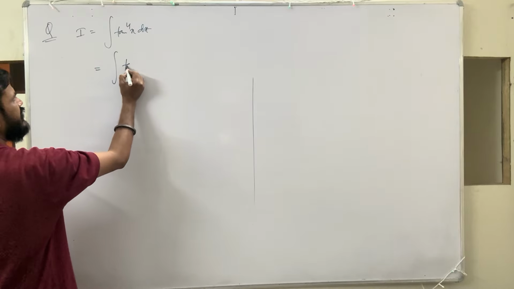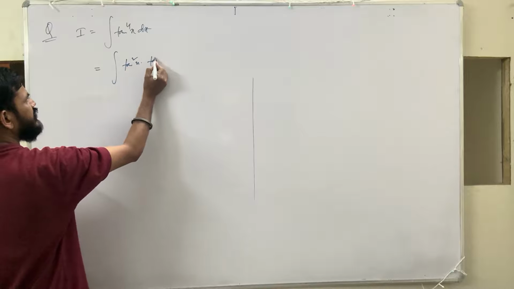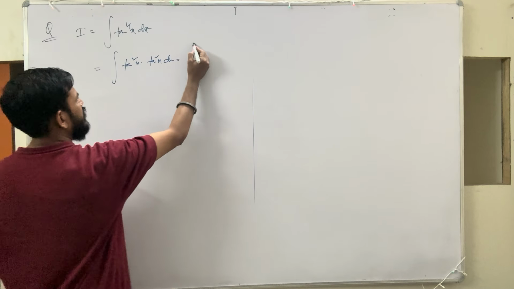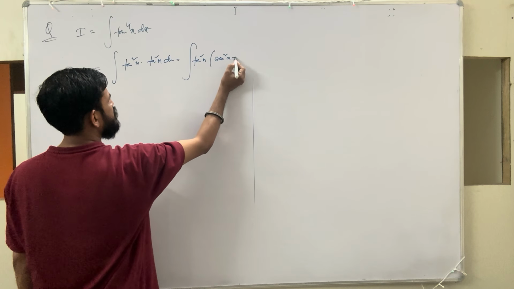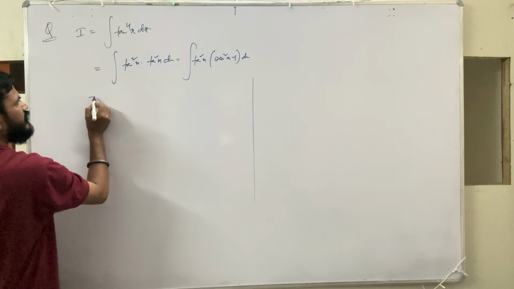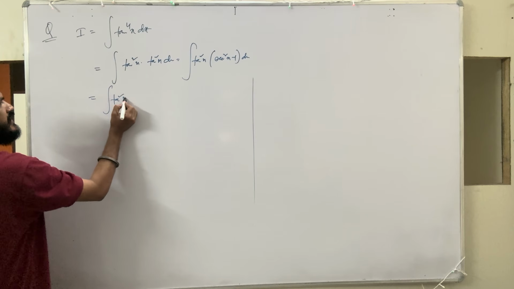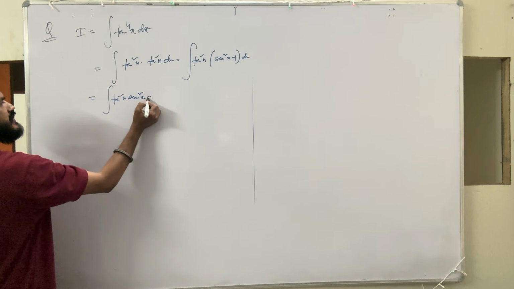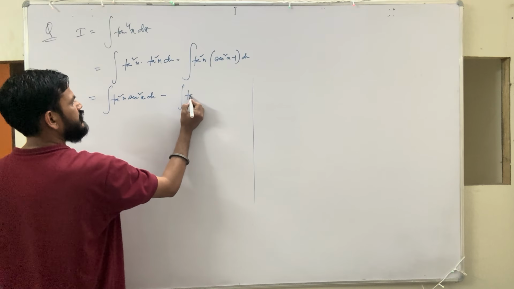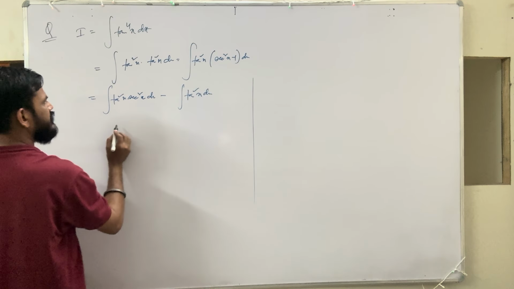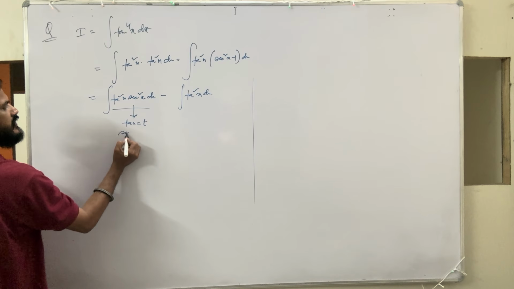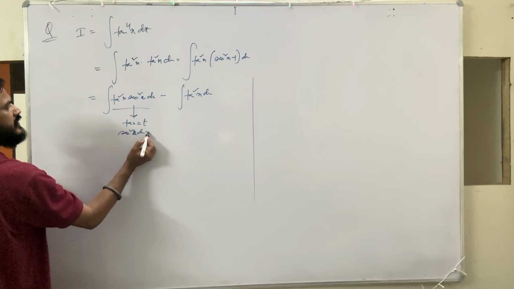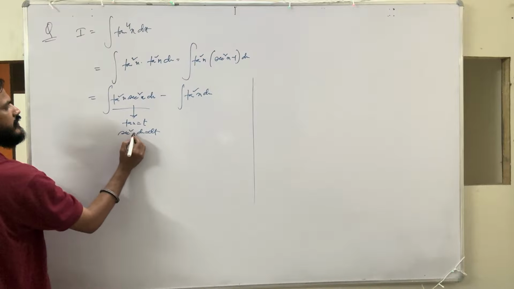So we write it as tan square x and tan square x. That can be further split into tan square x into secant square x minus 1. Then we multiply it: tan square x secant square x dx minus tan square x dx. Here we take tan x equal to t, then secant square x dx becomes dt.